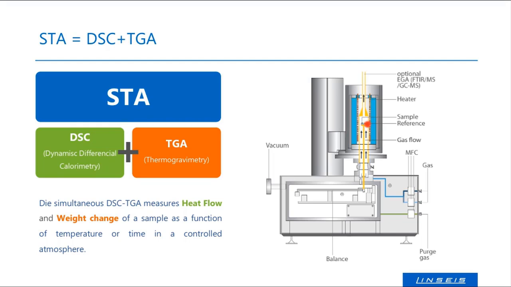In between there is the sensor containing the sample and the reference, and of course there is the possibility to couple the whole thing with a gas analysis. EGA means evolved gas analysis, FTIR or MS. So you can bring a gas flow from down here up to there and then transfer the gas out into a kind of MS, GC-IR, GC-MS, FTIR, whatever.